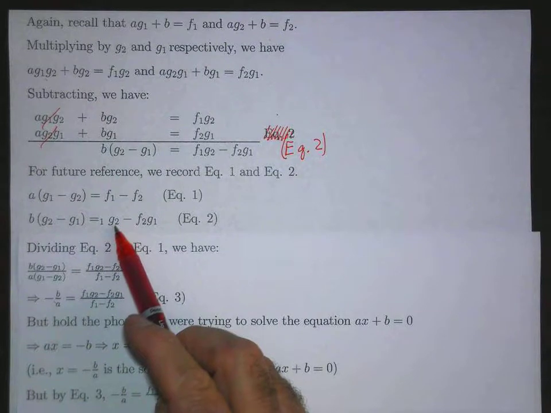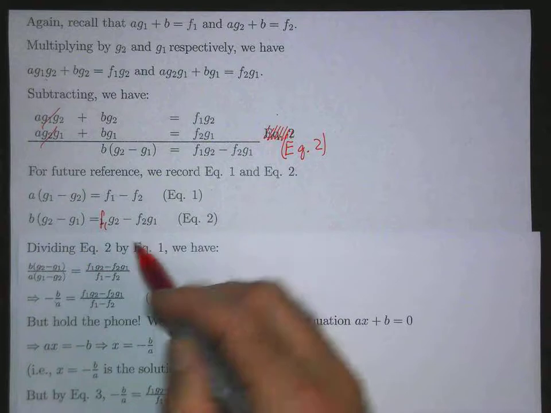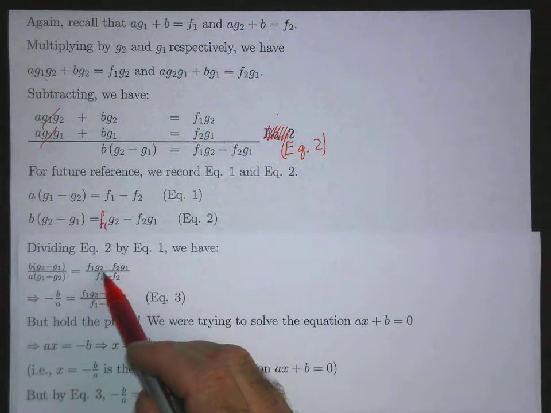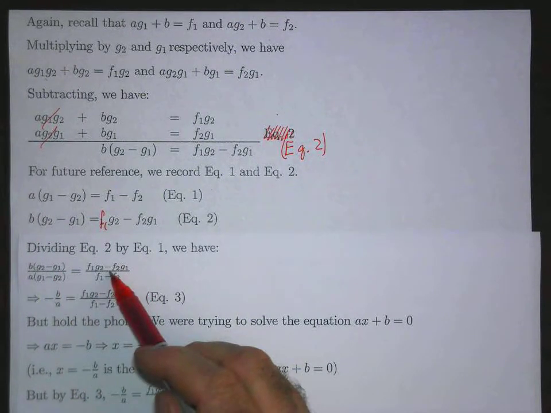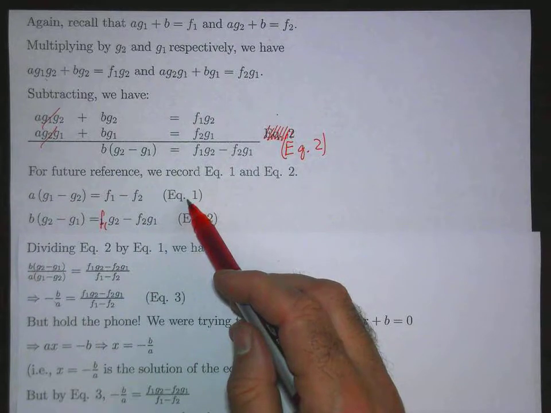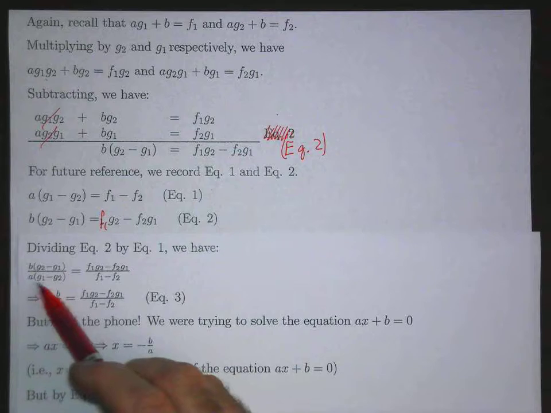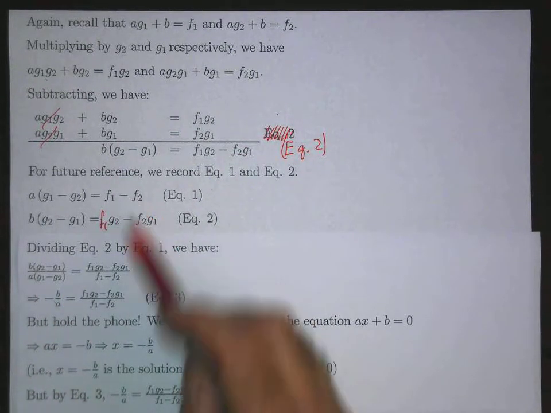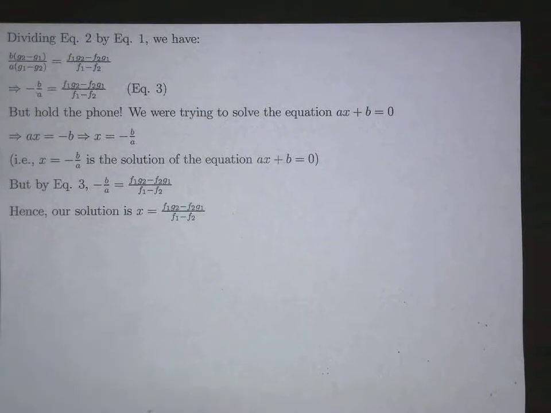And, whoops, that should be f1 g2 minus f2 g1. So we have equation 2 on the top, divided by equation 1, a times g1 minus g2, f1 minus f2. We just divided equation 2 by equation 1.